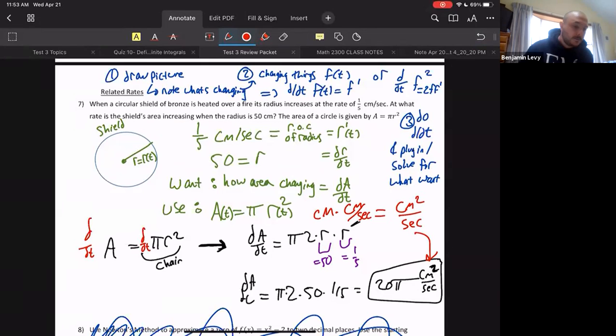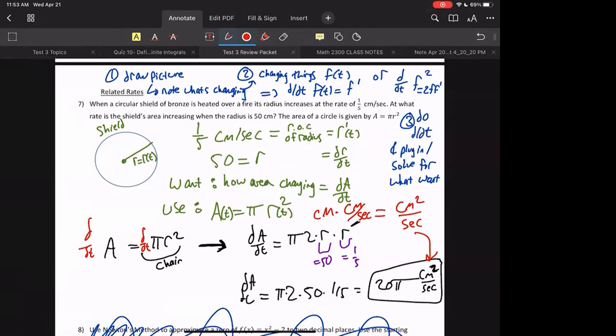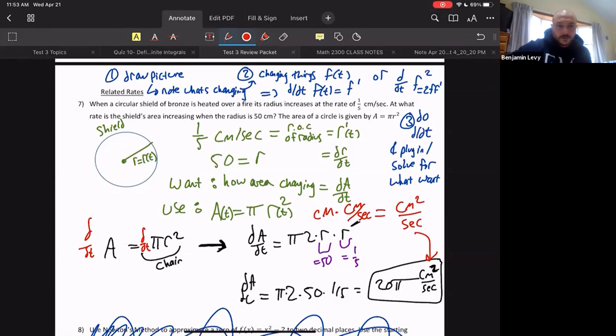What do you think? That makes sense. That's what I like to hear. Anything else about this? Should we jump over to substitution?